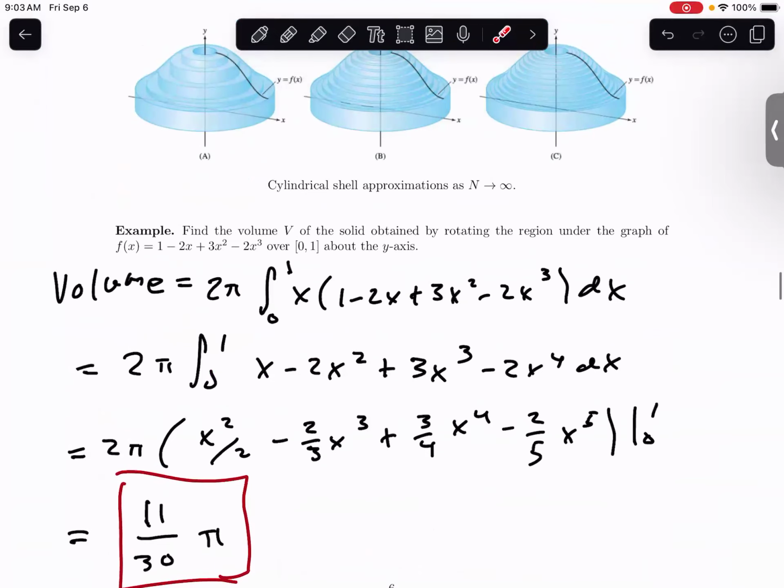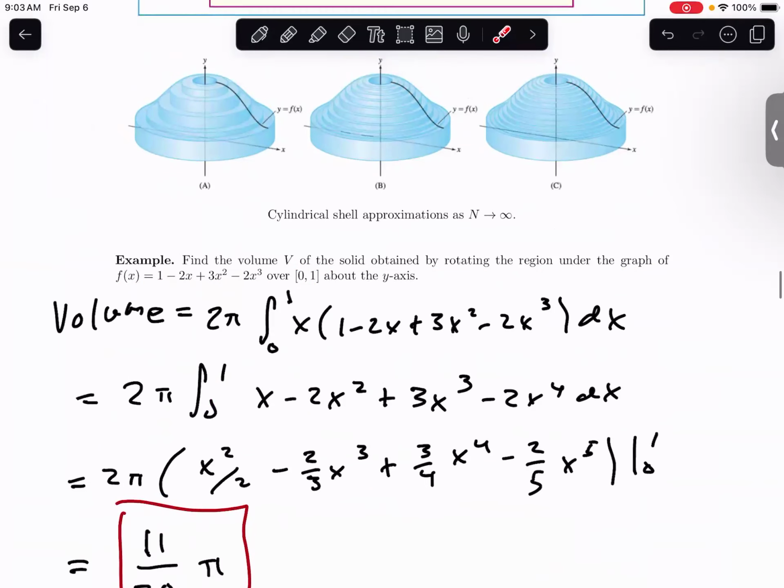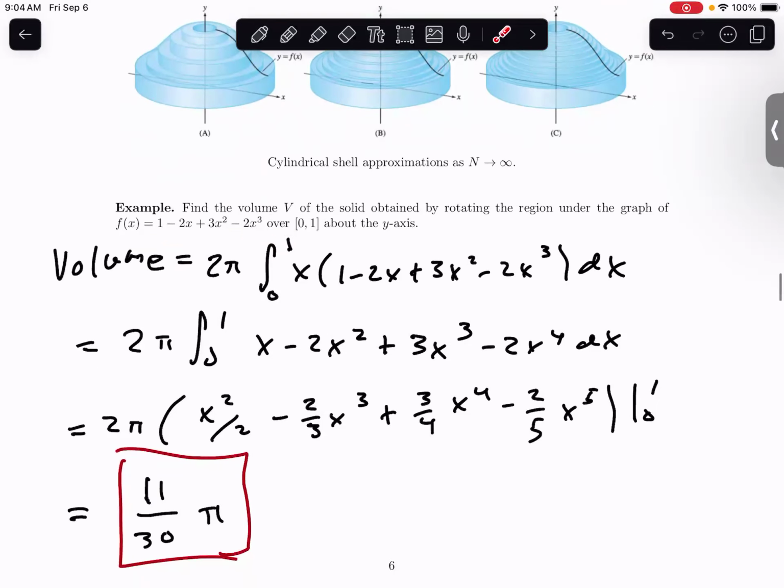So we wanted to compute the volume of the solid obtained by rotating the region under the graph of this function, some cubic function, over the interval from 0 to 1 about the y-axis. The key thing here is we're rotating about a vertical axis. So that means, with our functions in terms of x and rotating about a vertical axis, we want to be using the shell method.